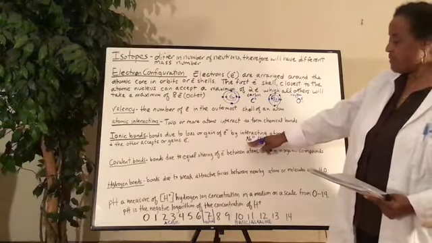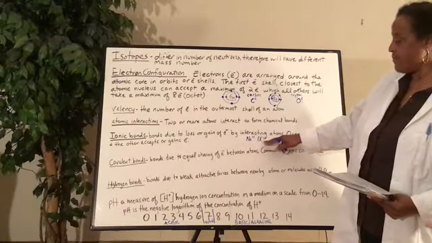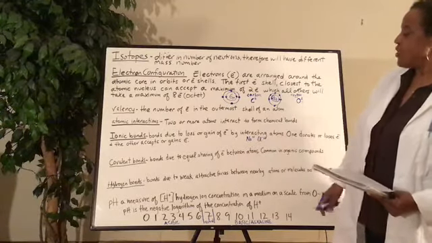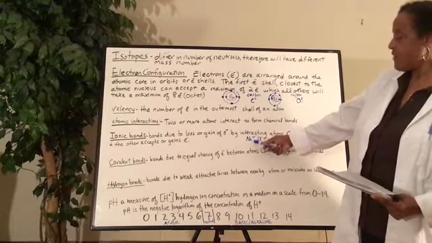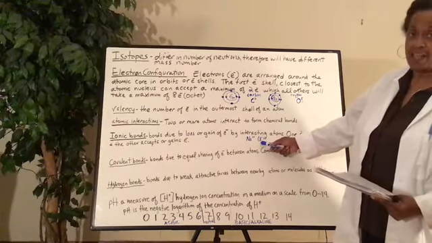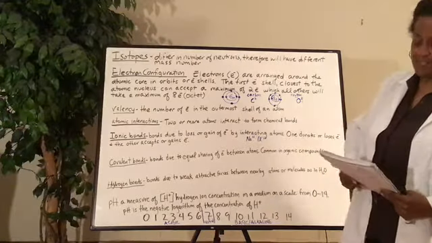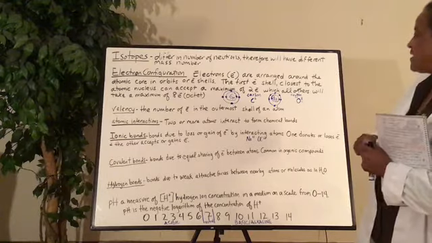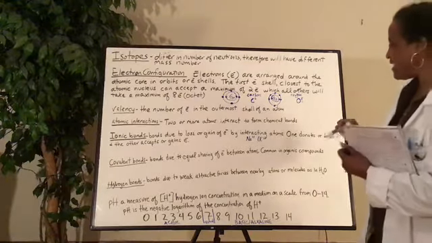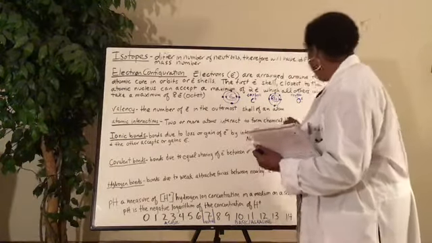Here is sodium and chloride, okay? Sodium chloride. Sodium with an atomic number of 11, and chloride, Cl, with an atomic number of 17. So let's see what that is going to look like.